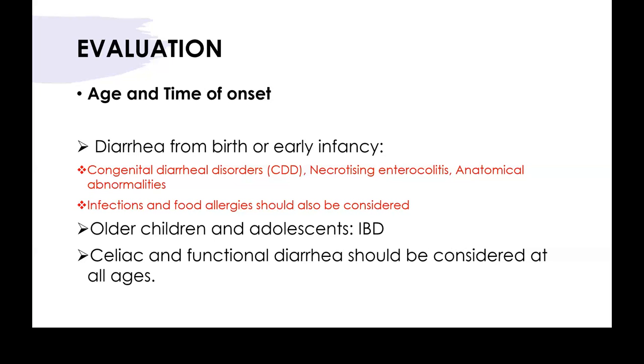Early presentation can also be seen in infections as well as certain food allergies or food intolerances, so you have to consider these two entities as well. In older children and adolescents, inflammatory bowel disease is one of the leading causes which can present as chronic diarrhea. So in the adolescent age group, we have to think of IBD rather than CDD, right? Whereas celiac disease and functional diarrhea can present at any age and should be considered at all ages.